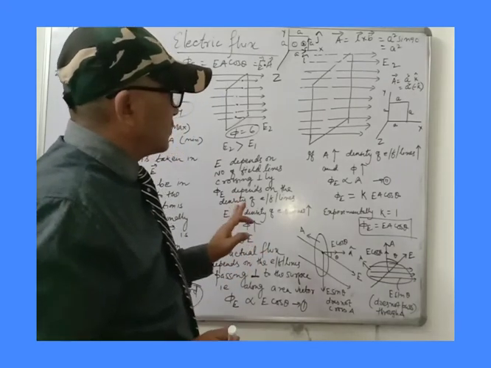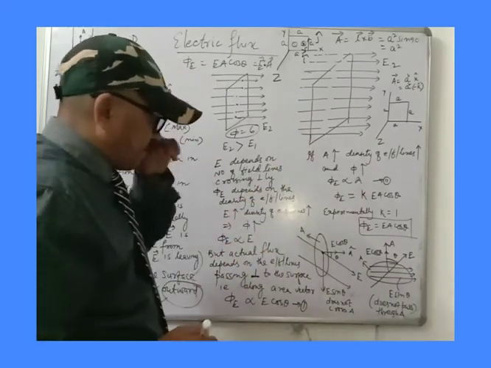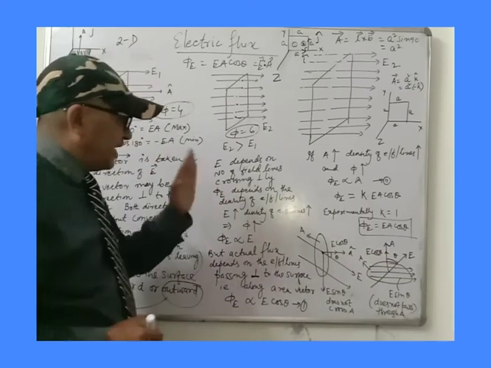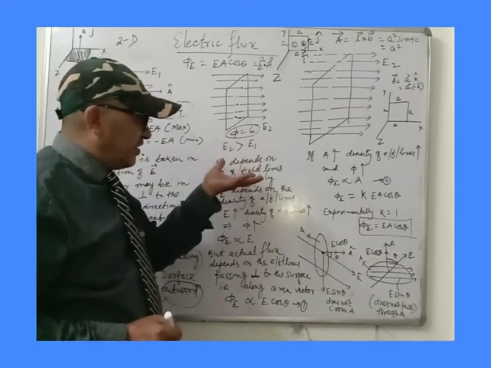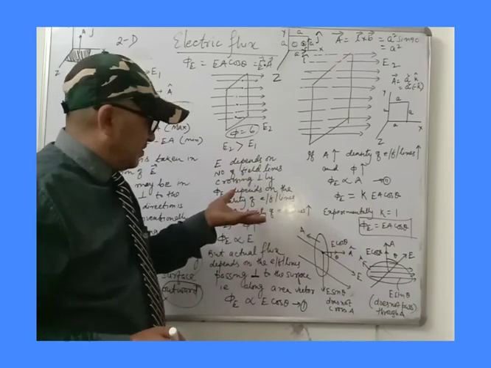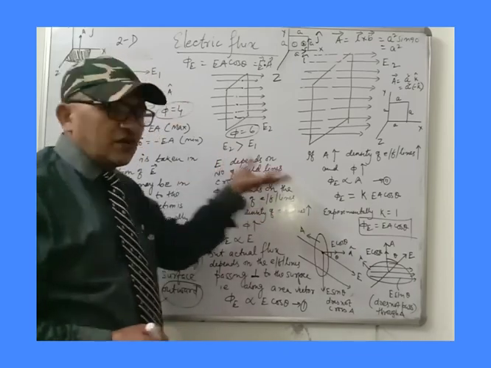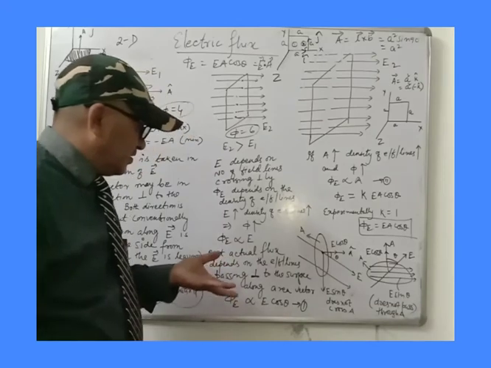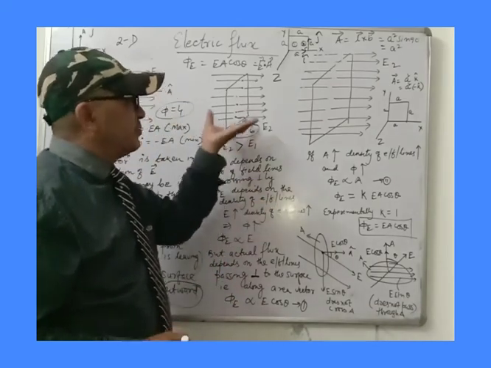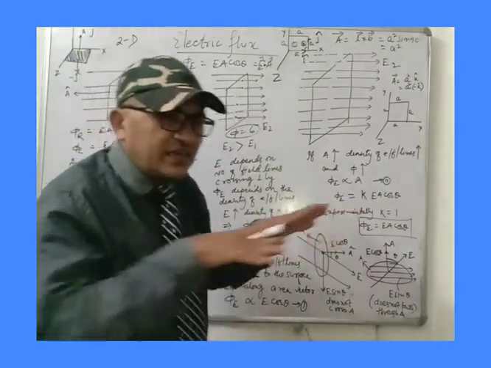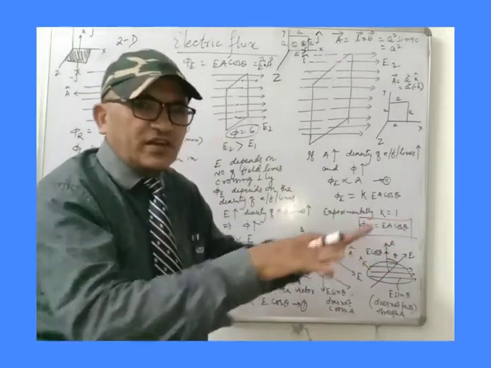Okay, so now look here. If electric field lines are more, the density of electric field lines will be more, and electric field strength also will be more, then eventually flux also will be more. More number of field lines are crossing, more will be the flux.